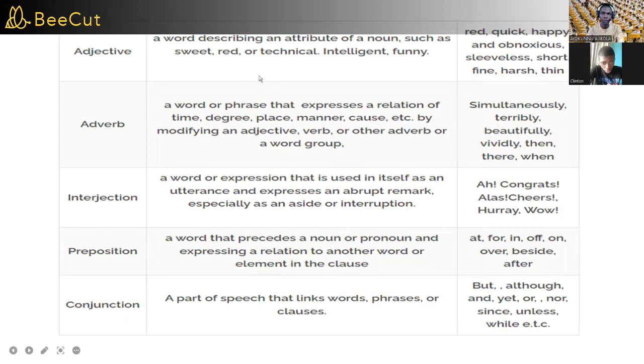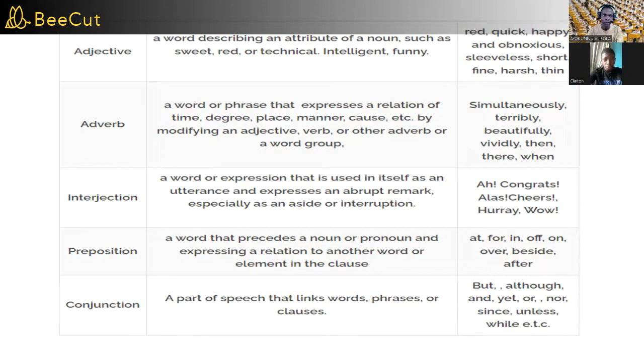Then the next thing to look at is the adverb. This is a word or phrase that expresses a relation of time, degree, place, manner, and so on, by modifying an adjective, a verb, another adverb, or a group of words. So we can use an adverb to modify an adjective, to modify a verb, or to modify another adverb.